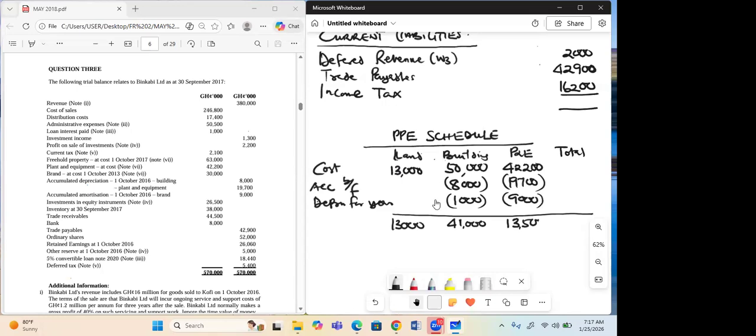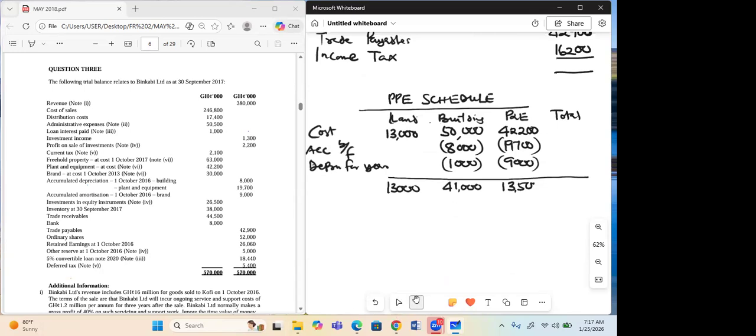So sum them and get a total. When it comes, we just write it down. 67,500. The total is what? 500. Let me just write it down. 13,000. 41,000. 500. 67,500.